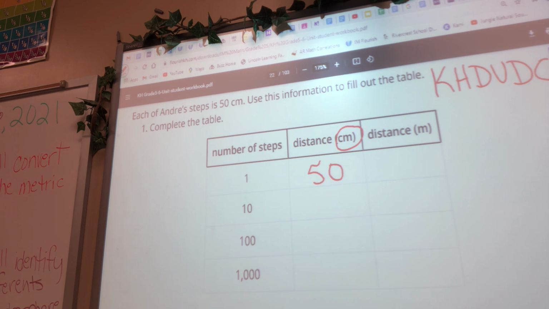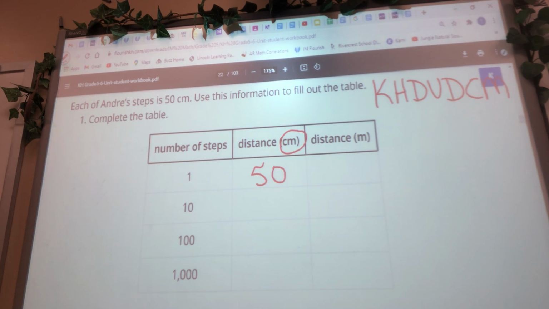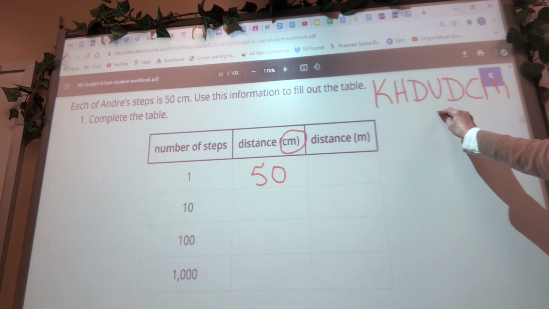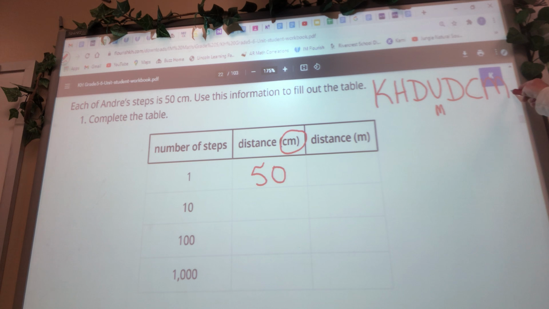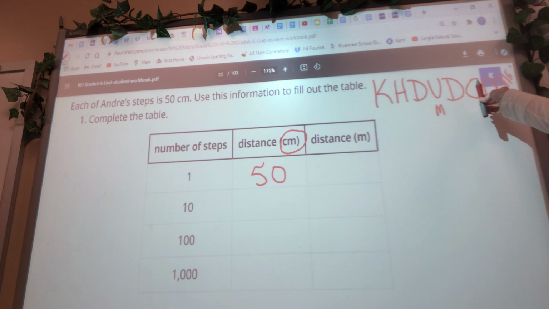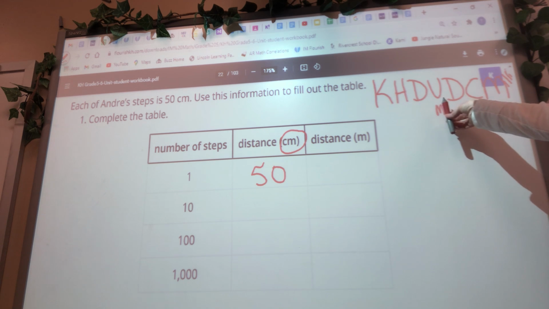Now let's use our King Henry. Let me move that just a little bit. All right. Here's centimeters, and meters, we know that's our basic unit because this doesn't mean meters. This means milli for 1,000. Okay, so we're at centimeters, and we need to change it to meters. So that would be moving the decimal or the place value 1, 2 multiples of 10.